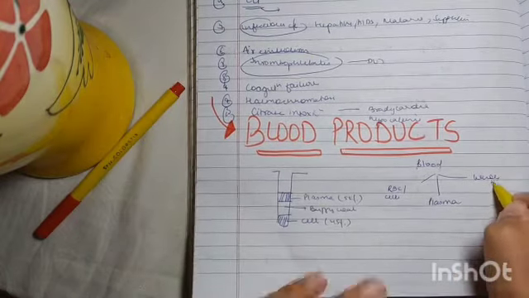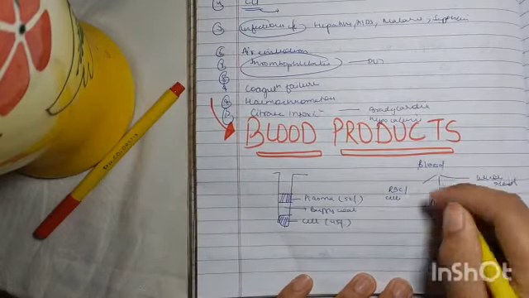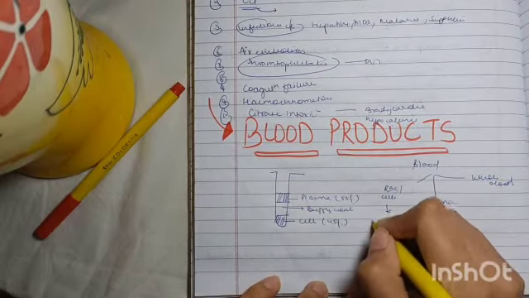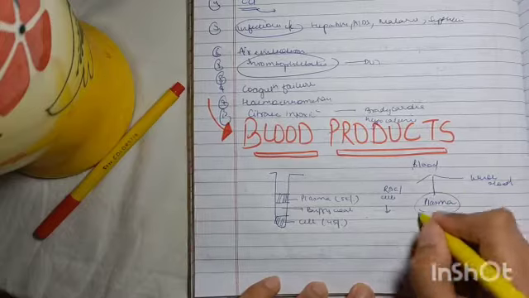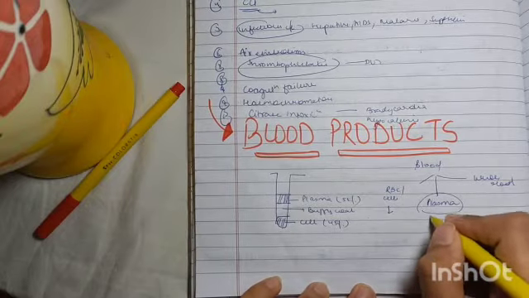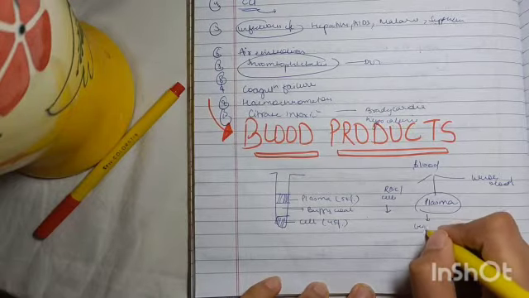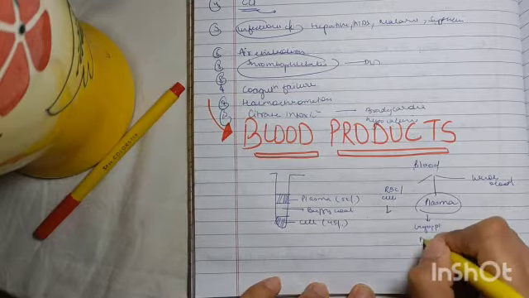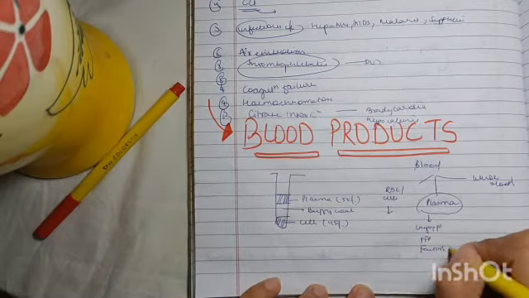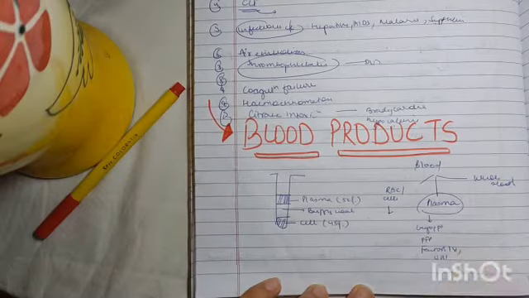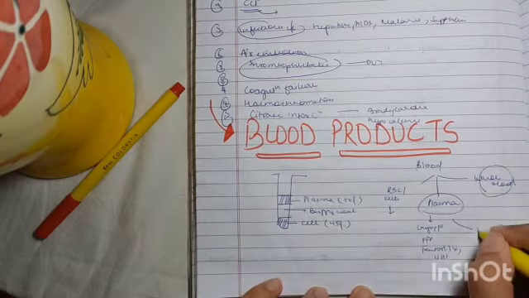So first of all, in RBCs, we will have packed red cell substitutes. But coming on to the plasma, by plasma, what we can get is cryoprecipitate, fresh frozen plasma. Then we can get factors 9, 8. Then whole blood. Also proteins.